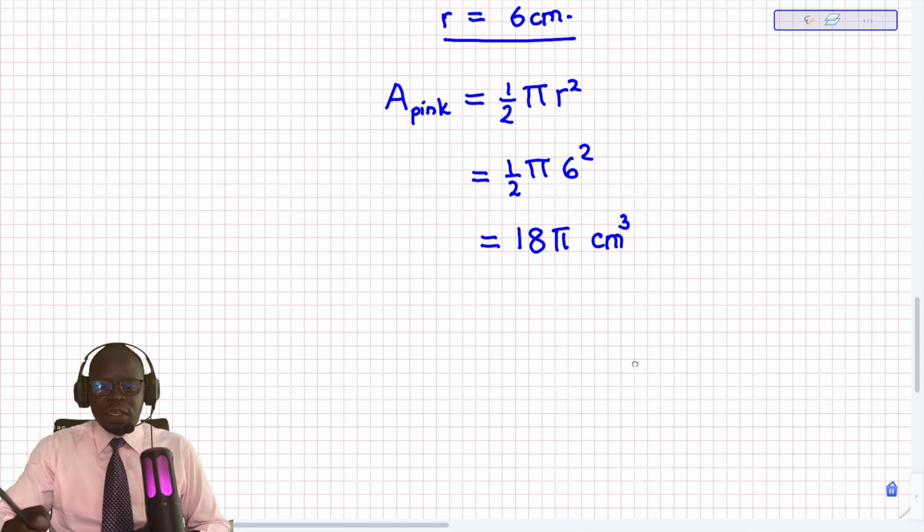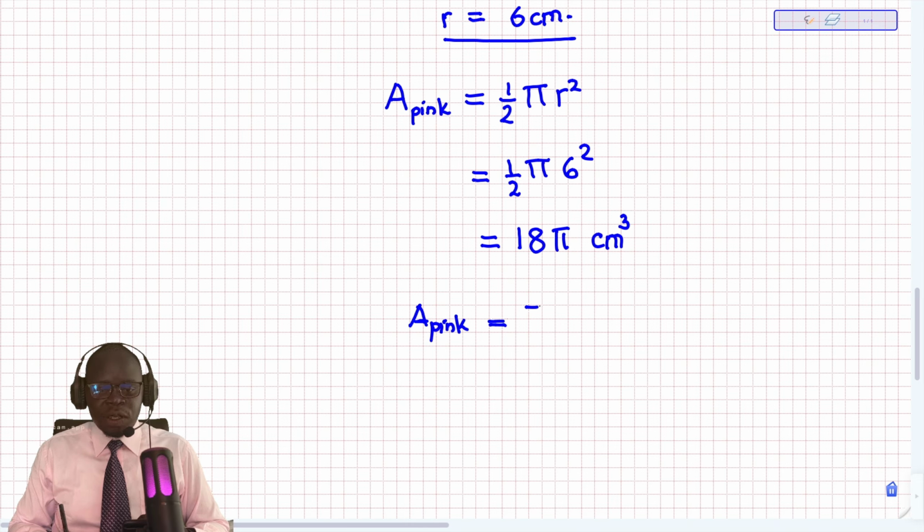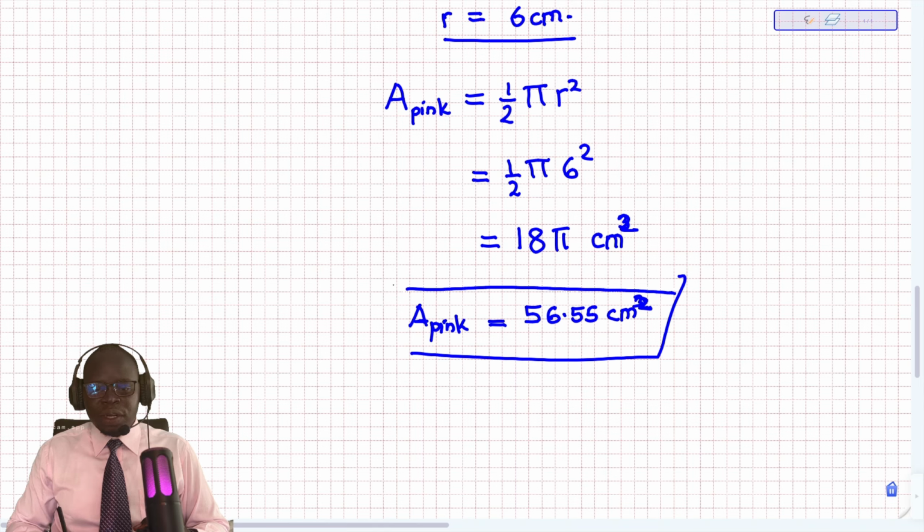So if we need our answer in 2 decimal places, making 4 significant figures, then we say the area of this pink semicircle is 56.55 square centimeters. Oops, I've made some error. This is not cubed, but it is square centimeters. Cubed is for volume. Sorry about that. And that is the answer. Of course, this one is where we have made some rounding, and error has been created here. Otherwise, the accurate one is simply 18 pi.